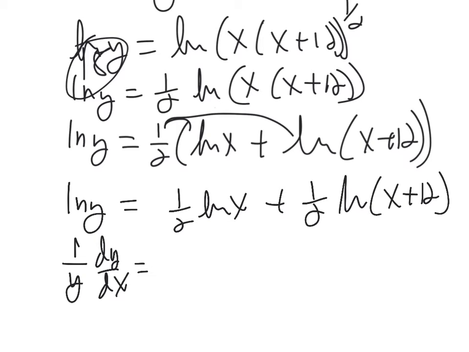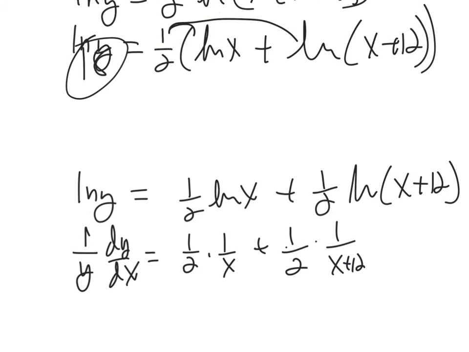So (1/y) dy/dx equals, and that's just a constant, so 1/2 times the derivative of the natural log of x, which is 1 over x, plus 1/2 times the derivative of x, which is 1, so we don't have to really worry about that. And that's times 1 over x plus 12, and the derivative of that linear function is 1, so we don't have to worry about that.